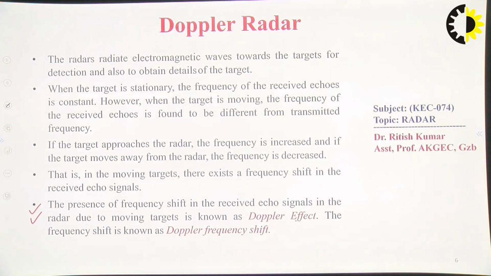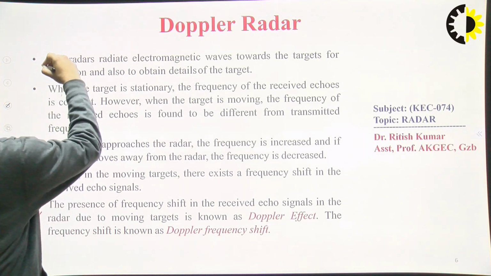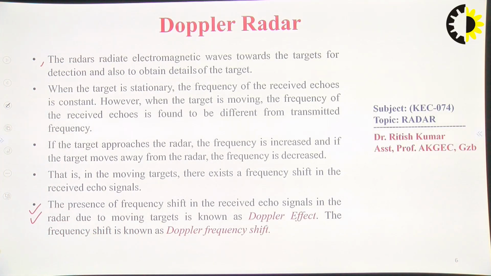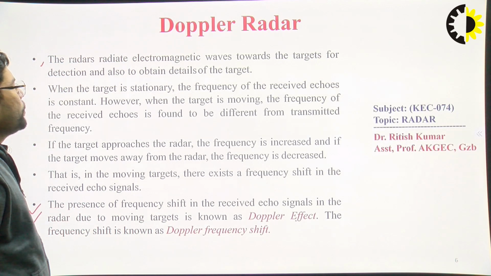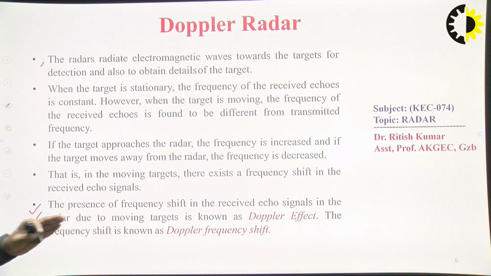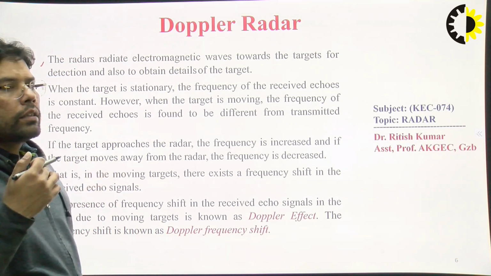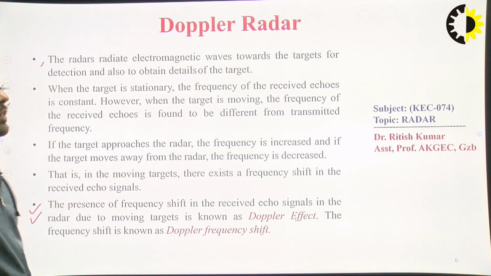As I already discussed, the radar radiates electromagnetic waves, also known as radio waves, towards the target for detection and to obtain details of the target. I think this is clear to all of you, how the frequency increases and decreases by moving the target. By taking the reference location of the target, you can find whether the target is moving towards the receiving antenna or away from it. That is all about the Doppler effect.